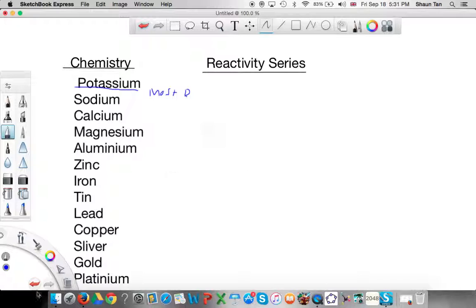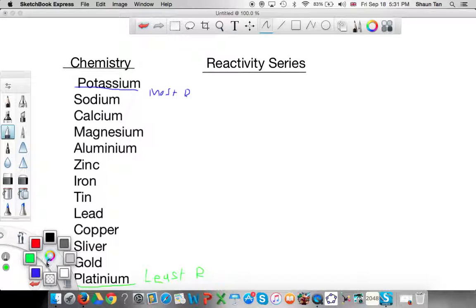And down here, platinum and gold, obviously, are least reactive. R again. So now this is most reactive, this is least reactive.